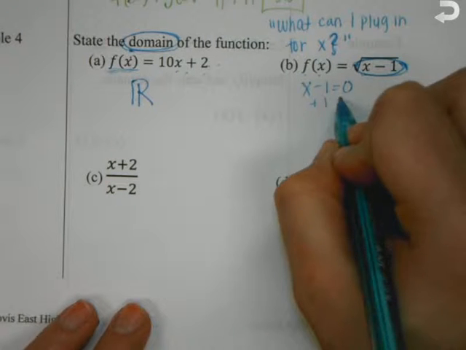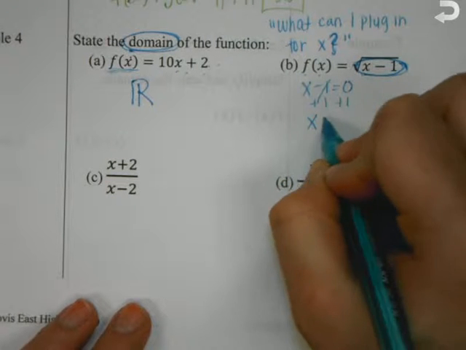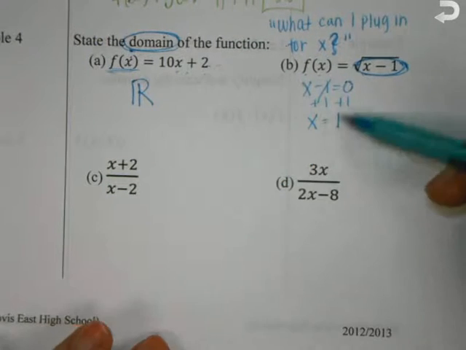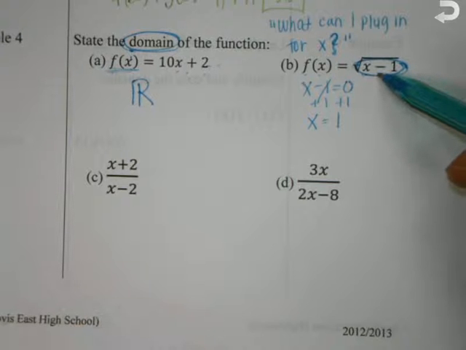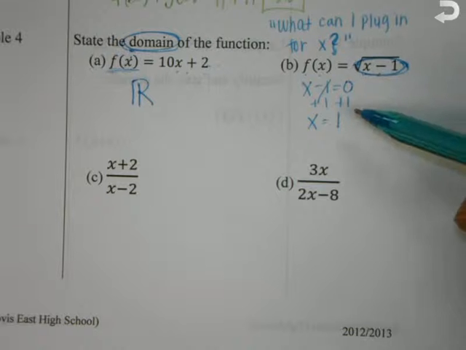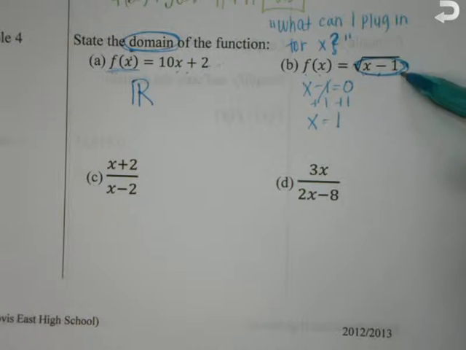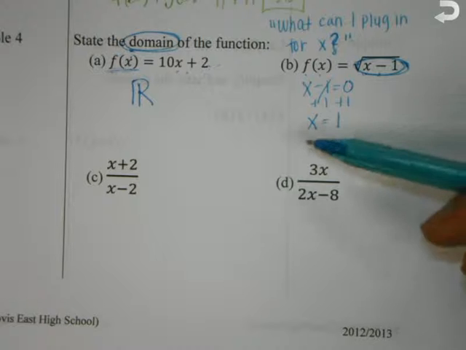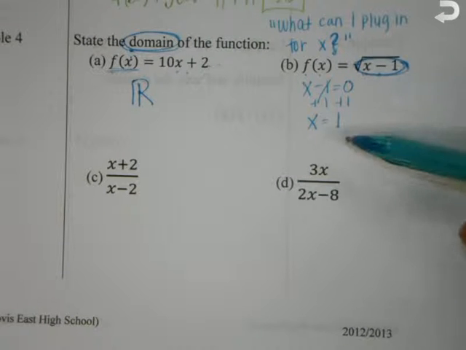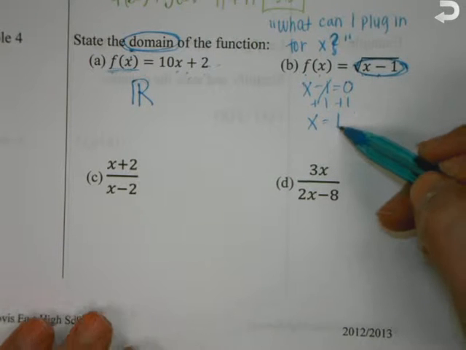Can I plug in anything larger than 1? Like 2. 2 minus 1 gives me 1. Can I take the square root of 1? Yeah. So I can plug in anything larger than 1. Can I plug in anything smaller than 1? No, it'll give me negative numbers, right? Yeah. So my domain is any x greater than or equal to 1.